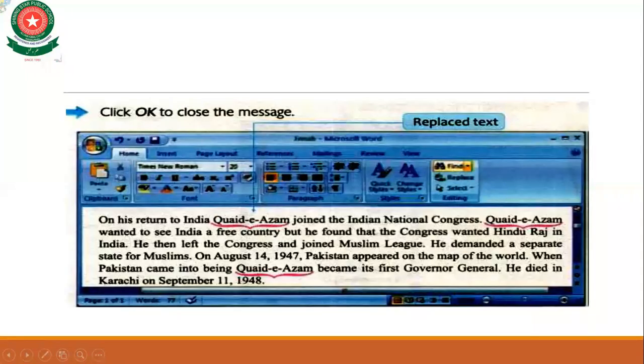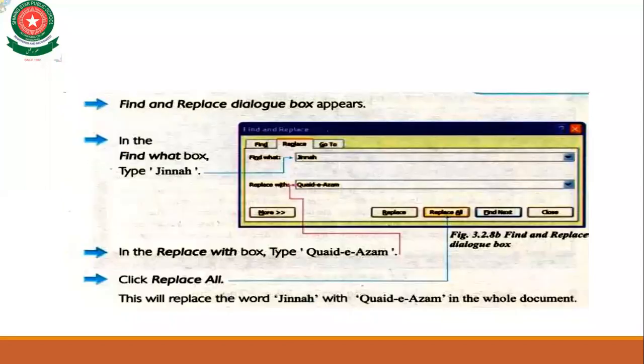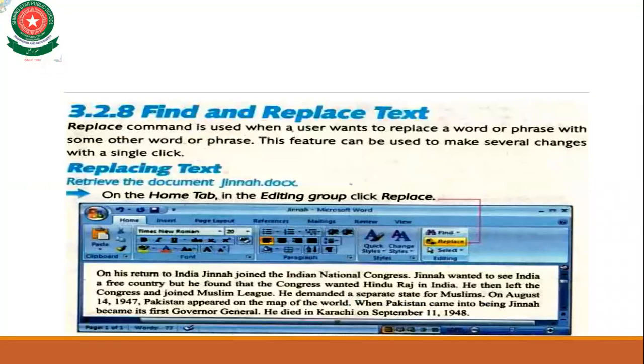So click OK to close the message. Now here you can see, on his return to India, you have just replaced the word Jinnah with Quaid-e-Azam. Before, it said on his return to India, Jinnah joined the Indian National Congress.